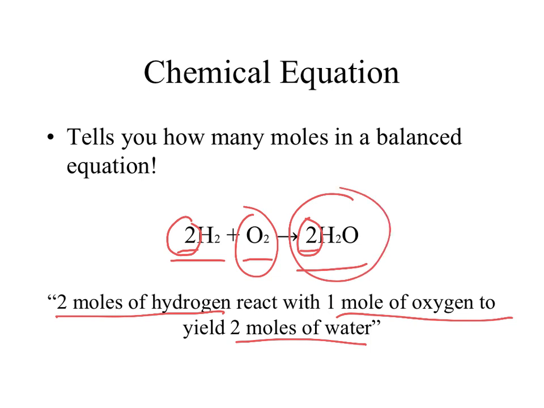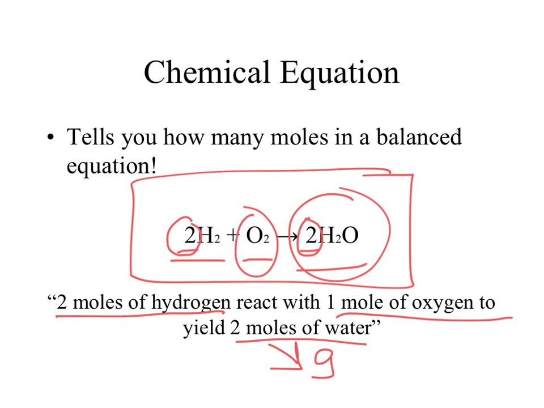And now that we have moles of water, we can convert things into grams. And this becomes a recipe for us that we can have in our lab. Now that we know how much mass things will be, we can figure out, all right, I need this much mass of this, this much mass of that in grams, and I can carry out this experiment just from this balanced equation.